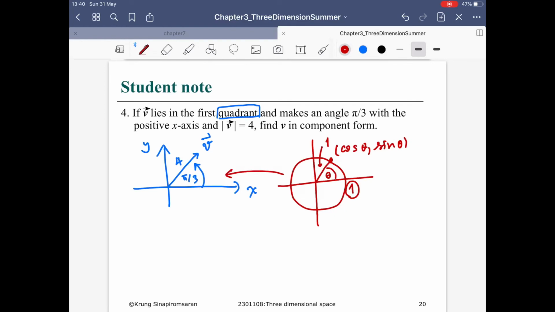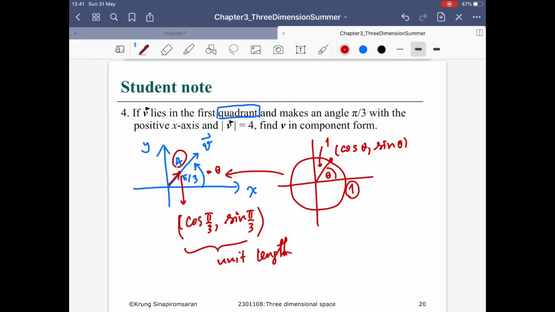Your theta is pi over 3. So with a length of 1, here you have cosine of pi over 3 and sine of pi over 3. Here it has a unit length, right? But you need the length of 4, so just simply multiply the whole thing by 4.